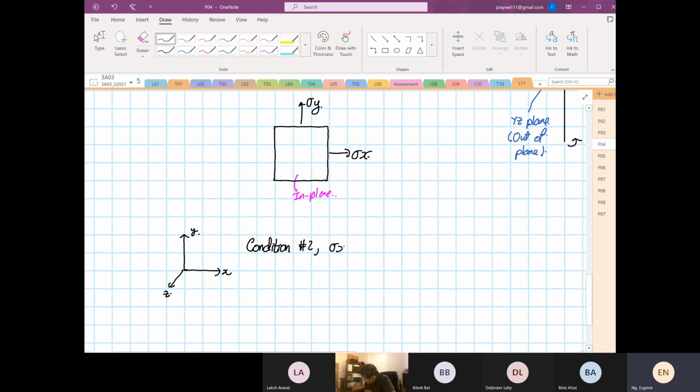Where you have stress X is positive, stress Y is negative, stress Z is still equal to 0.